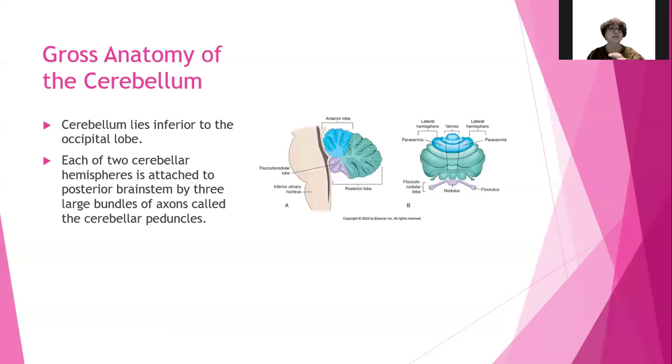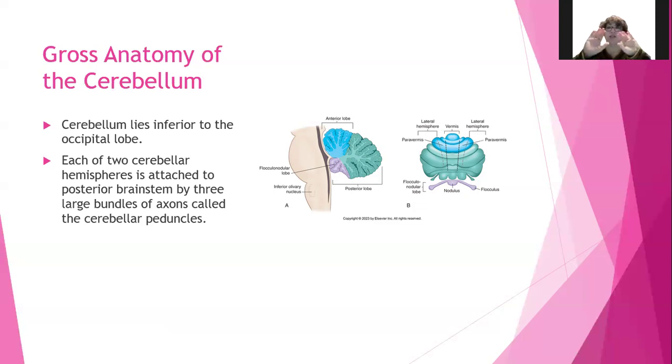So the cerebellum is inferior to the occipital lobe and posterior to the brainstem. There are two cerebellar hemispheres, just like there are two cerebral hemispheres, attached to the posterior brain by three large bundles of axons that are called the cerebellar peduncles, which is another great word. The cerebellum has some good words associated with it.